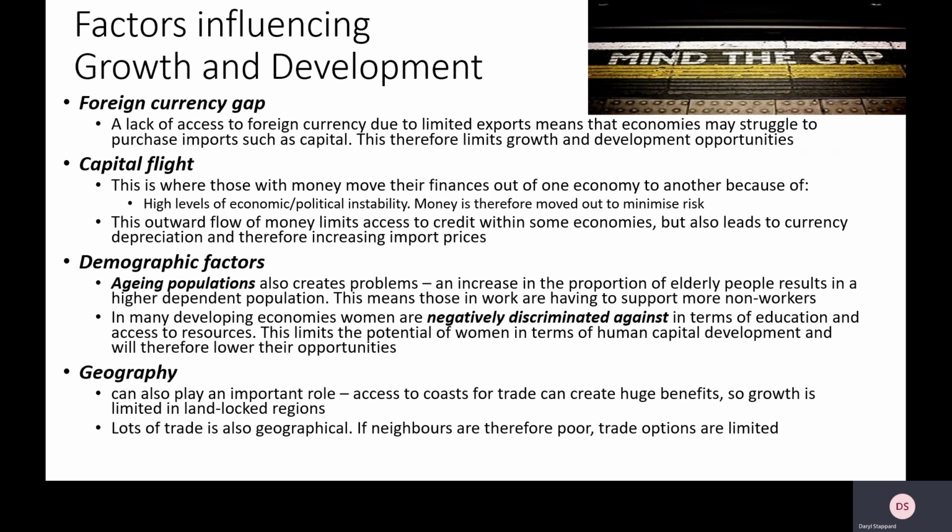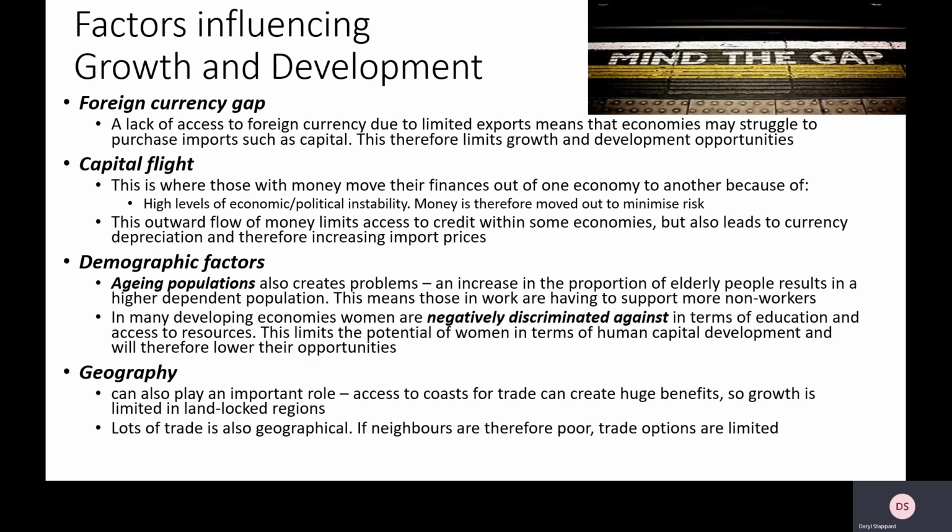Right, now the next one, foreign currency gap. Now think about the problem here. For many developing economies, they don't tend to export very much. So they're exporting generally commodities or low value goods and services. Now this means that they're not earning enough foreign currency. So you earn foreign currency by selling your exports overseas.